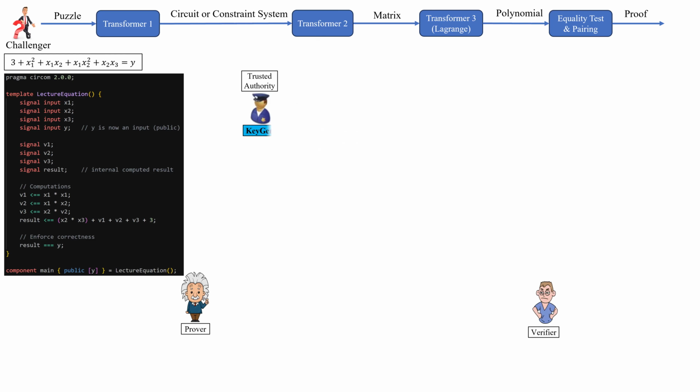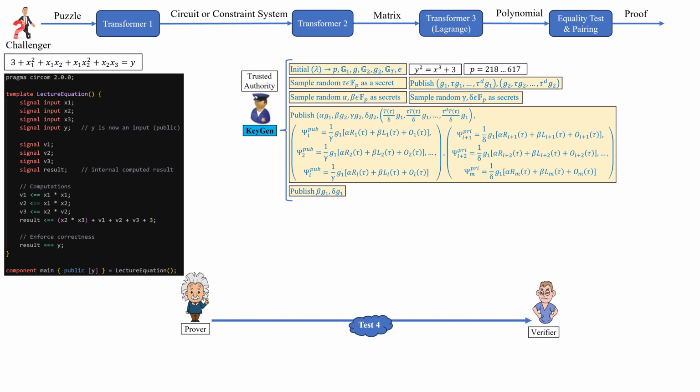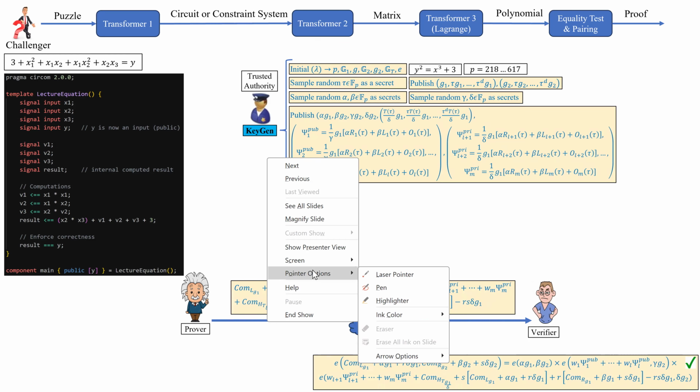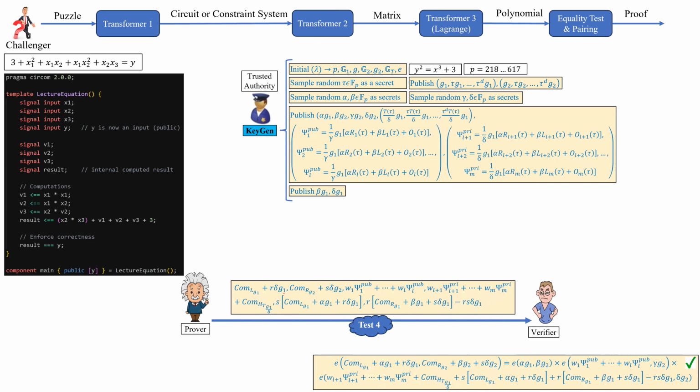Okay, now after the trusted authority generates the SRS parameters, the prover computes the proof value that you remember. Those were usually the commit values, right? Using the SRS values.